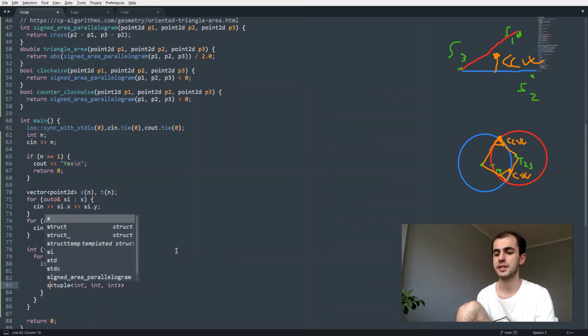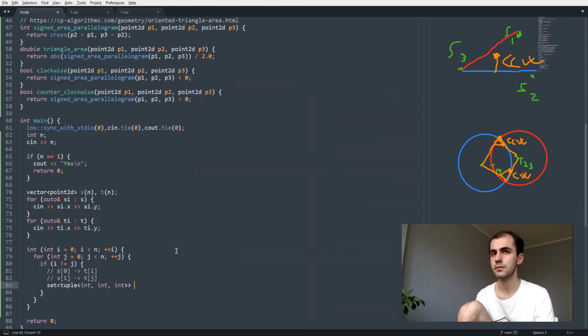I can use just sets, right? So my idea is as follows. I'm gonna loop over all the remaining points, and then I say, I want to increase y where?